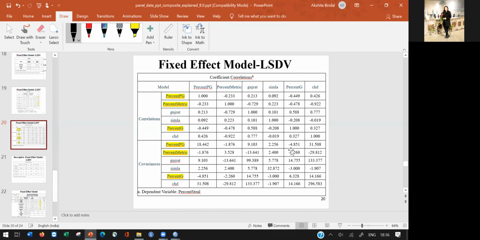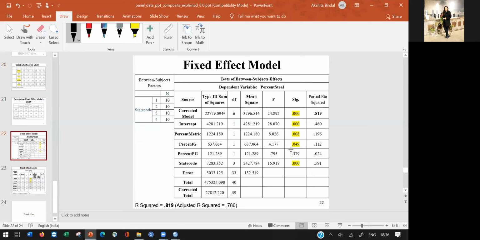That means that my alpha term is having 46% of my impact on my model, 19% is of my percentage metric, that is the percent of people who have passed their 10th, 19% of them are affecting the steal rate, the robbery rate or the theft rate. 11% is what the graduate people are affecting it. And this is not coming out to be significant, so we won't include the percentage of postgraduate.